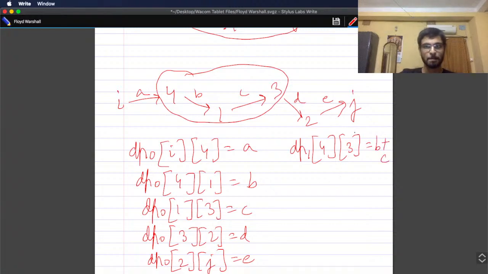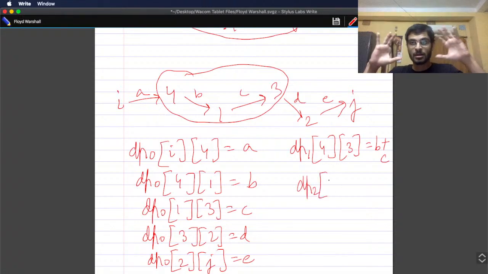Make sense? Now I'll say that using dp2, find out what are the better paths you can form using 2 as the intermediary vertex, up to 2 vertices from 1 to 2. So whatever is possible up to 1, you can just copy down from dp1, and whatever is possible with 2, utilize 2 over there. So what can we say? There are two things we can find from here.